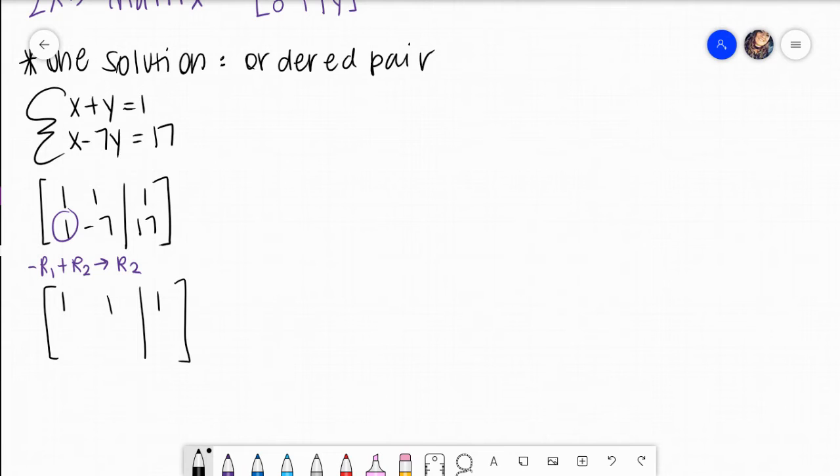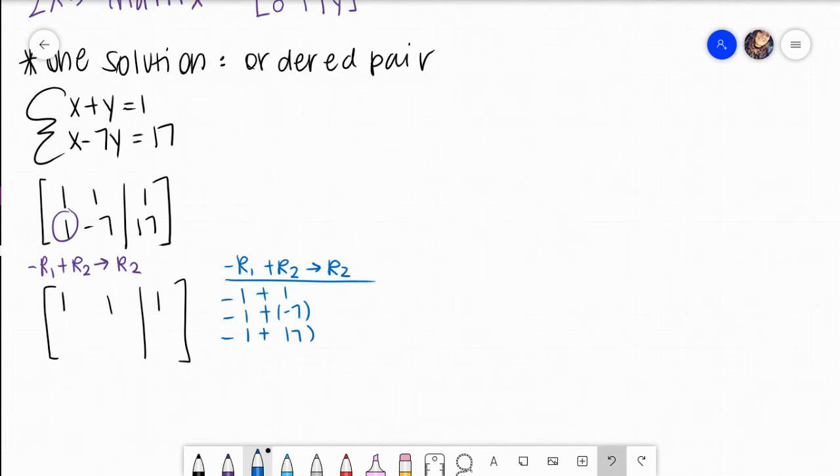If we come right here and actually do this work, negative row 1 plus row 2 gives us a new row 2. Row 1 is 1, 1, 1. Add to that row 2, which is 1, negative 7, and 17.